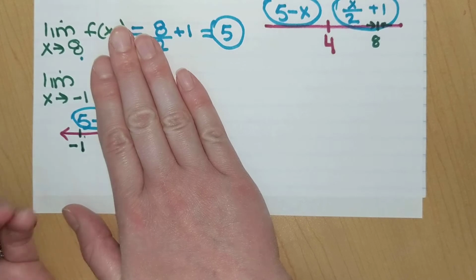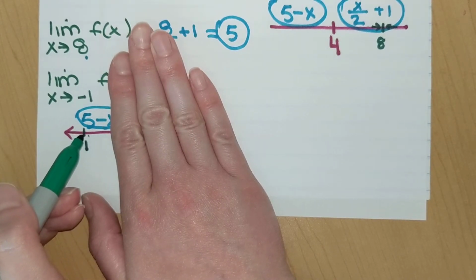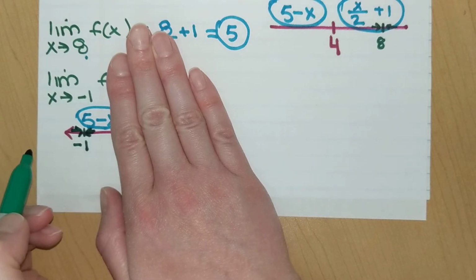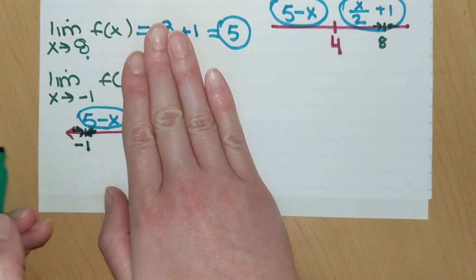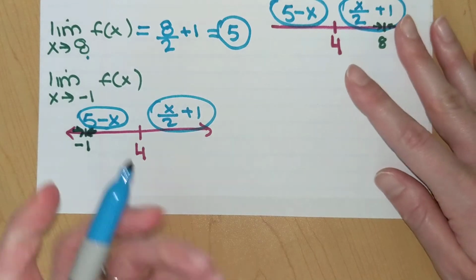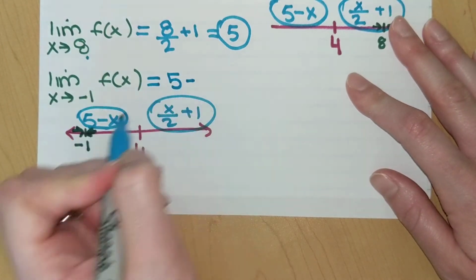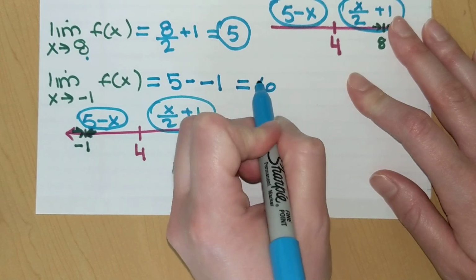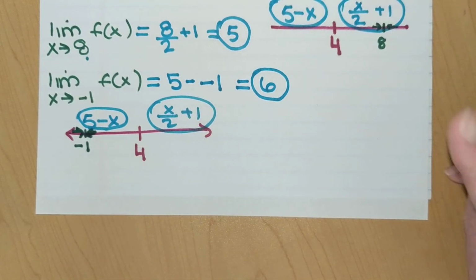At -1, you're only looking at 5 minus x. And again, coming in from the left or right, the only function is going to be the 5 minus x function. So you can plug into that. So you have 5 minus your x, which gets plugged in as -1. And so that gives you 6 as your two-sided limit for the limit as x goes to -1.